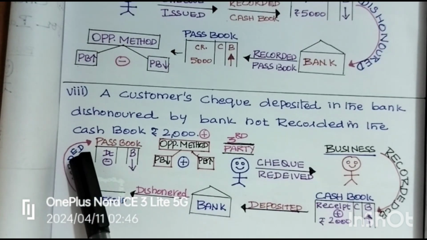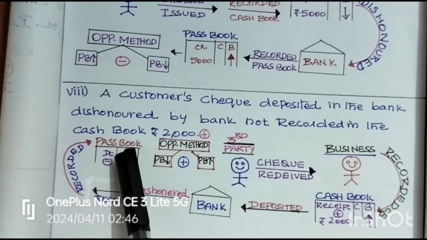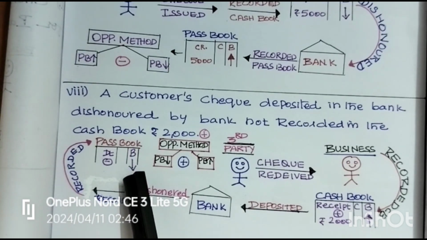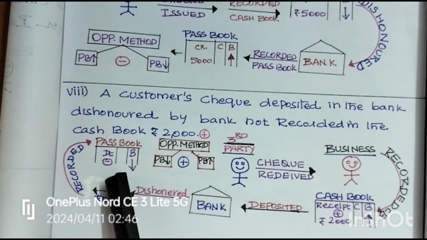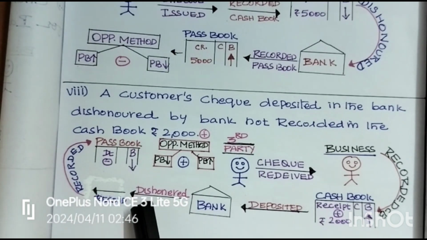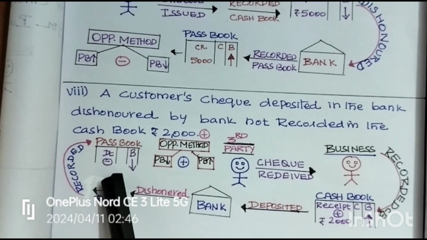So immediately the bank recorded it in the passbook, and your passbook will be decreased, because you can't get the money. Your passbook will not be credited because the check was not cleared. The check was dishonored. Your passbook shows a debit, 2,000 rupees decreased in your passbook. Are you clear?